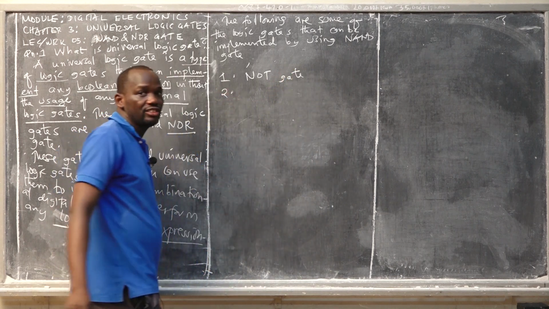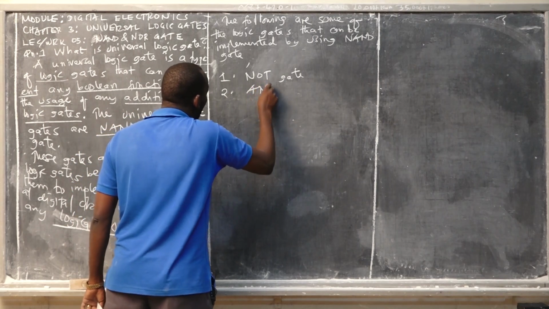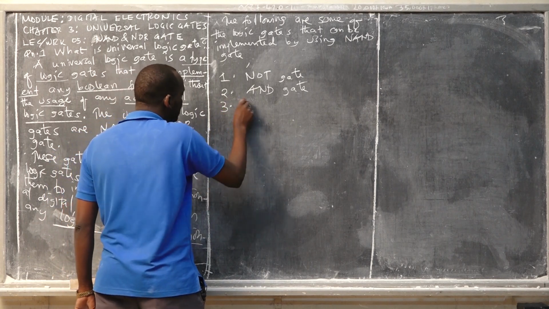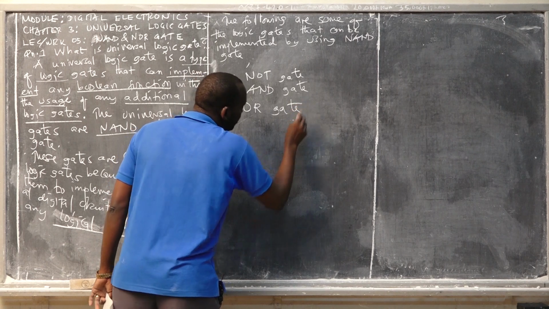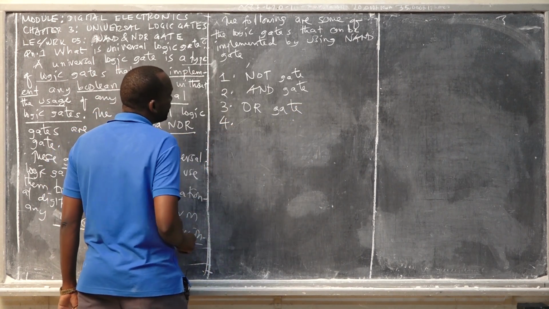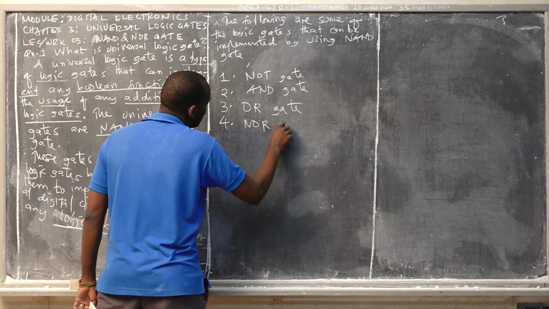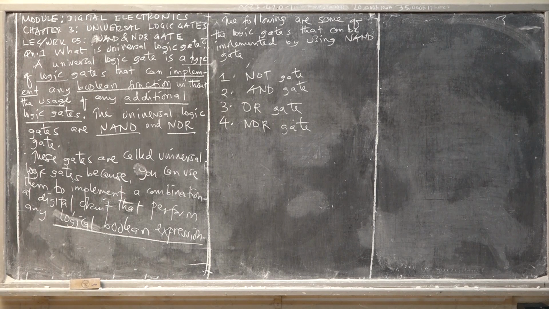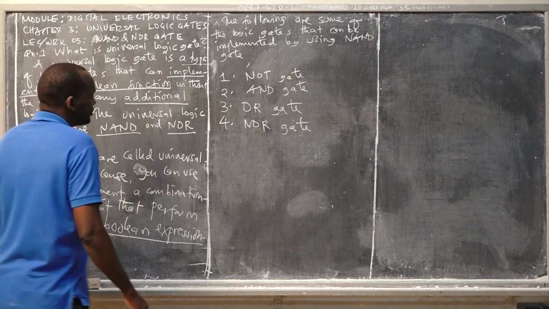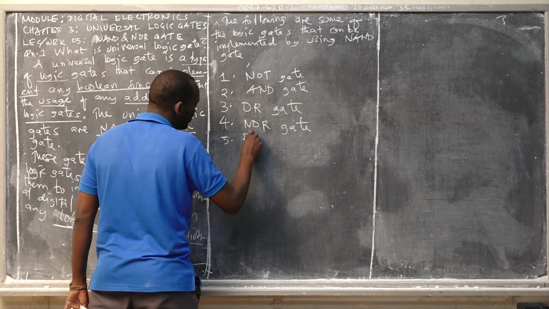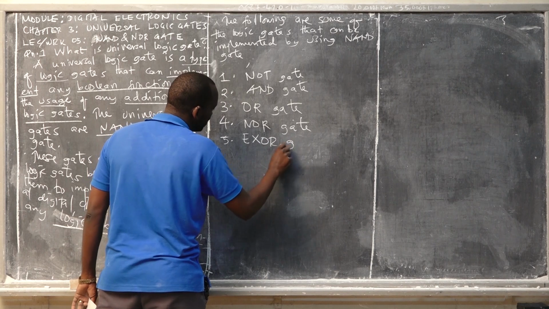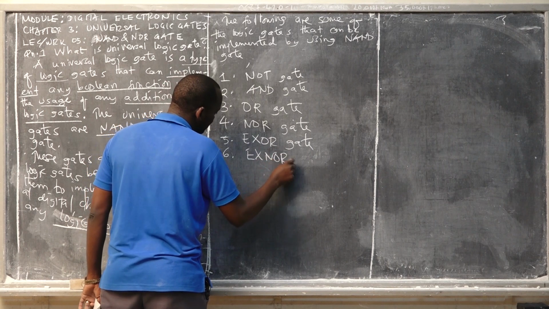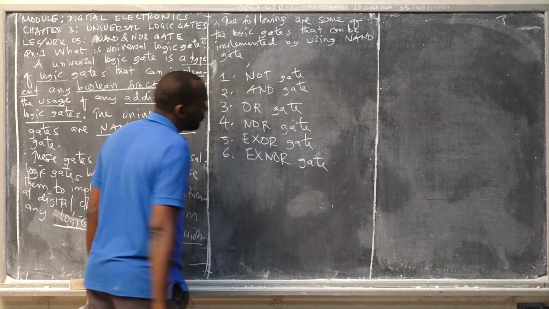You can use a NAND gate to implement AND gate. You can use the NAND gate to implement the OR gate. You can use the NAND gate to implement the NOR gate, etc. You can use the NAND gate to implement exclusive OR gate. You can use the NAND gate to implement exclusive NOR gate. That's why we call them universal.